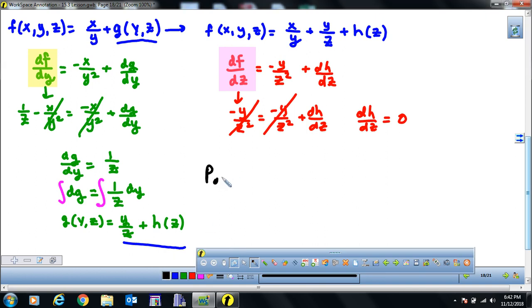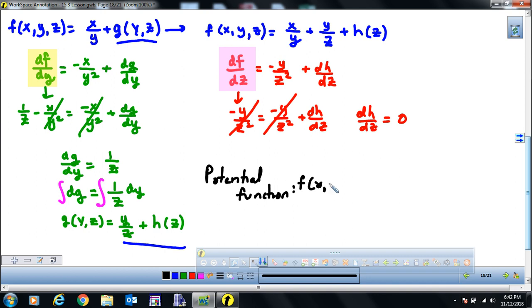So we're going to write the potential function. The potential function would be f of x, y, z equals x over y plus y over z, and instead of a function of z, it would be some constant c.